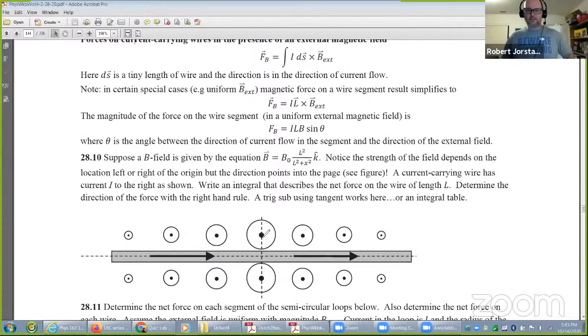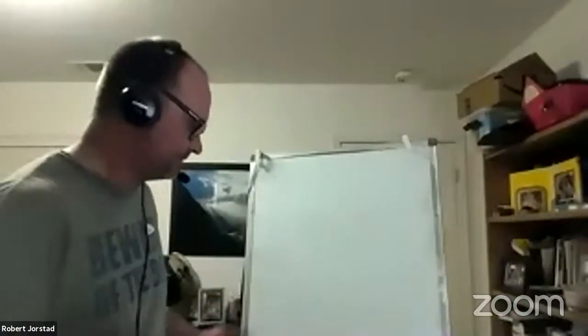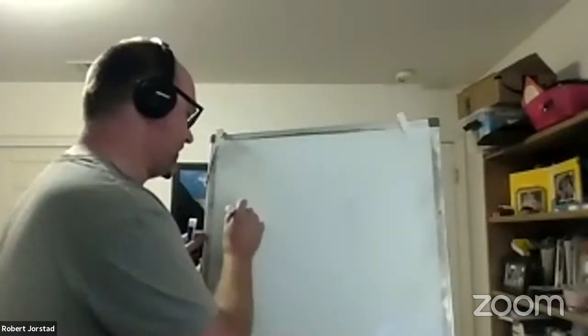So now let's try and figure out, if this is the magnetic field here and our current is running this way, there's our current. Let's try and write down the integral associated with that. Again, this is page 144. I'm going to go to the whiteboard. Got a wire here.